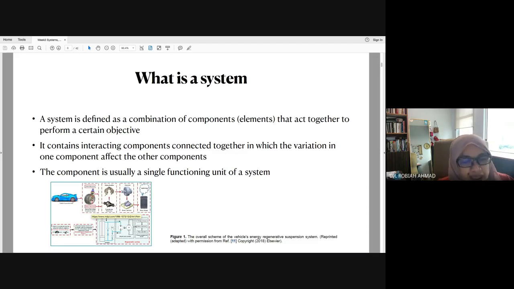Then a motion rectifier, a generator, and so forth. These components are usually single functioning units of a system, each with its own input and output. All these components are interconnected, and it becomes one system, in this case the vehicle's energy regenerative suspension system. So this is the definition of the system.